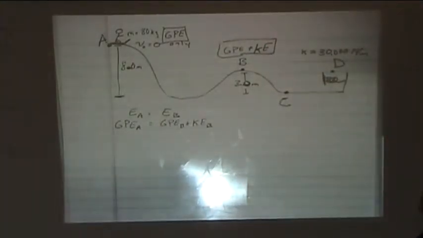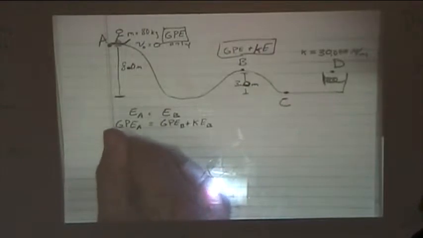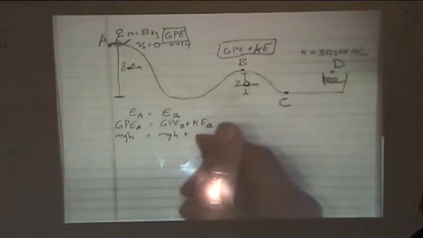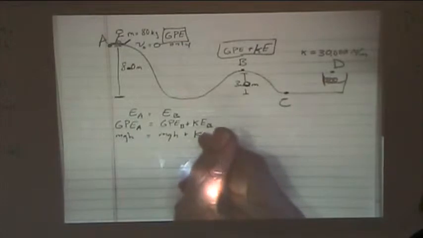Well, at this point, we can start substituting equations and filling in values. Again, using little g as 9.8, or actually we'll be using little g as 10 as the AP approximation.